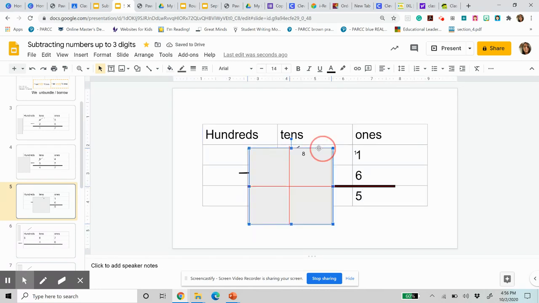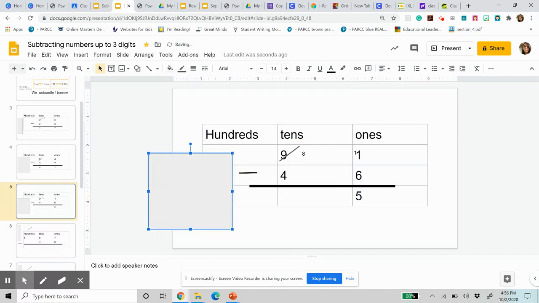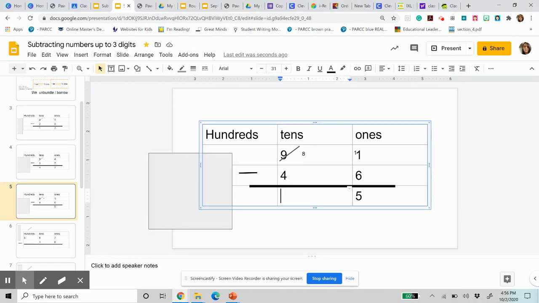All right, then we're going to move over here. We unbundled, so we have 8 10s now. 8 take away 4. Come up with an answer. 4, right? So again, with your chalkboard, 45 plus 46 should give you 91.